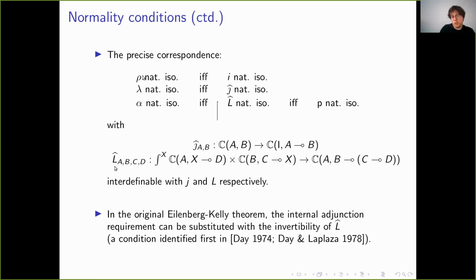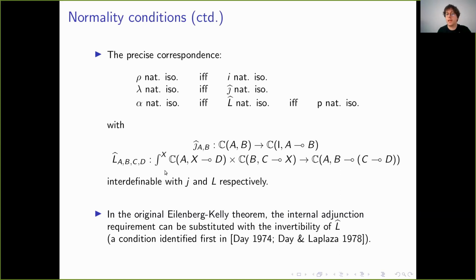And notice, how do this L hat and J hat arise? These are actually interdefinable with J and L respectively. We saw before that J hat can be defined in terms of J, but it's also true the opposite. If we take J hat as primitive, one can also derive J. And this is the case also for L and L hat that are also interdefinable.